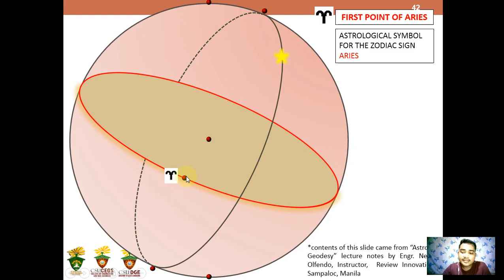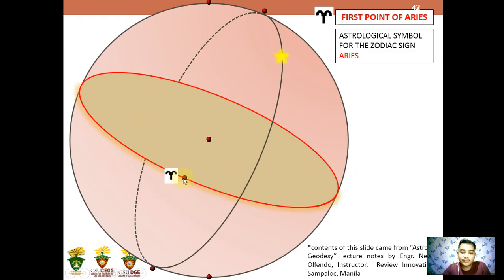By the way, the vernal equinox happens every March 21 or 22 of the year. This is the astronomical phenomenon where day and night are equal. So the path of the sun forms like this, somewhat like that.